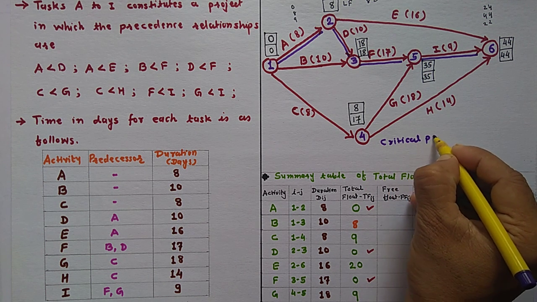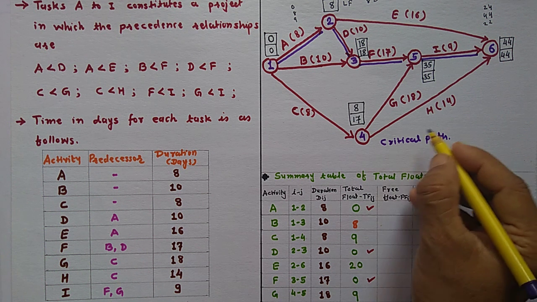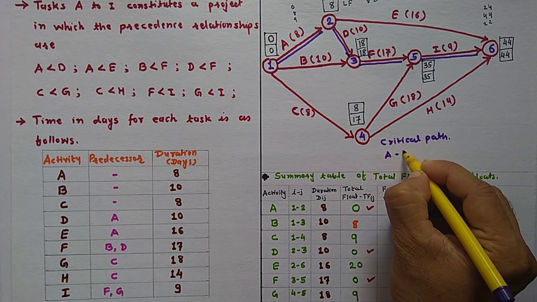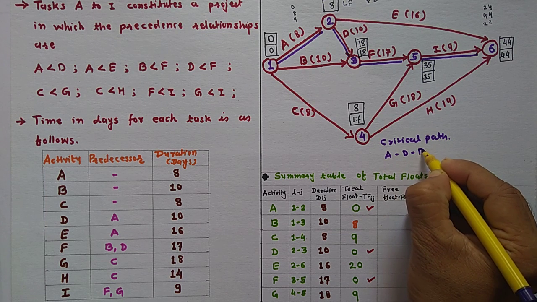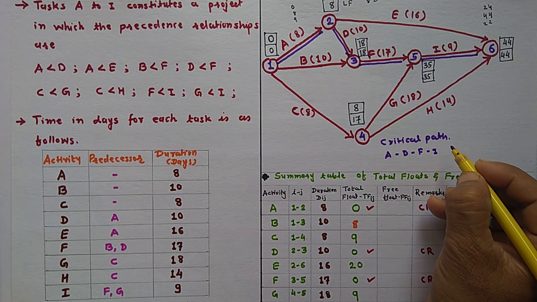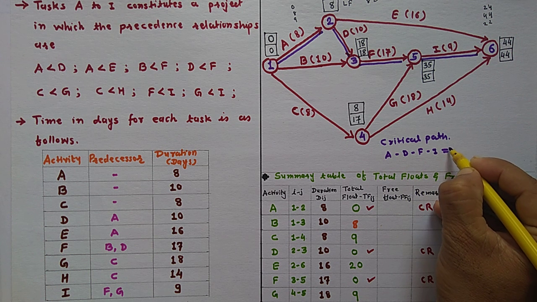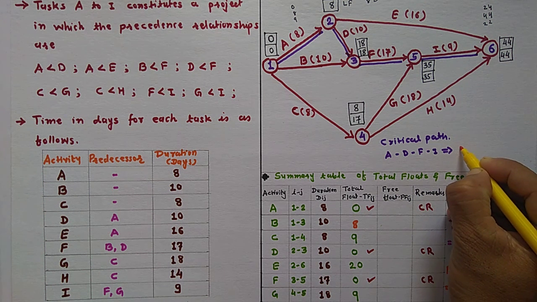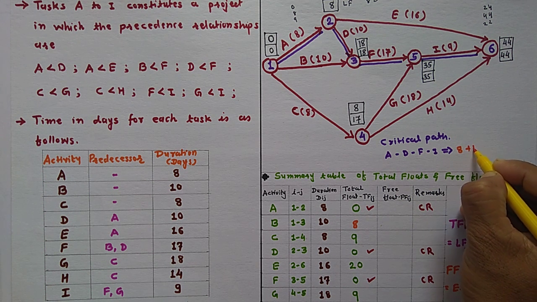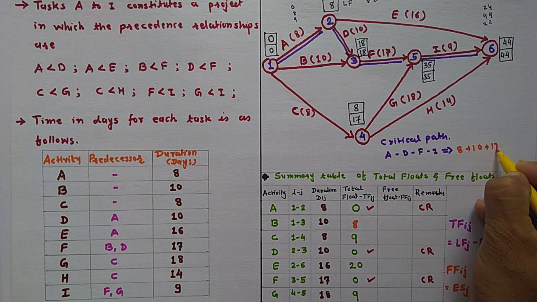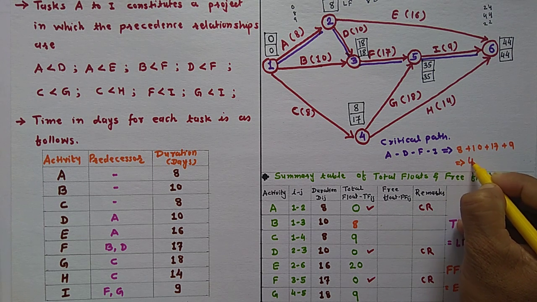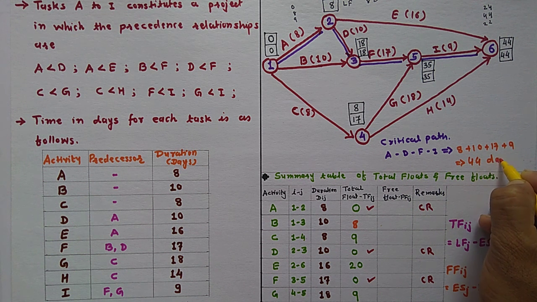The critical path for this example is A, D, F and I, and the durations of these activities are 8 plus 10 plus 17 plus 9, equal to 44 days.